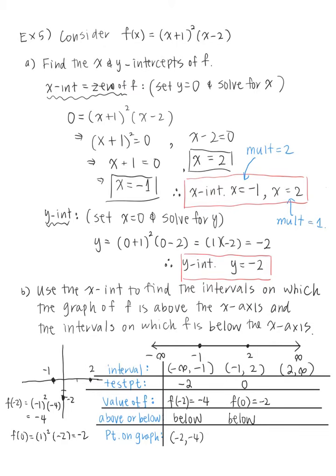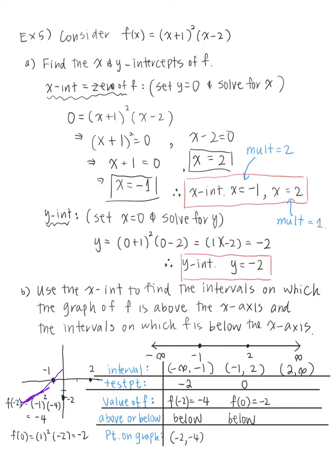All right, so what we just found out is this: our graph, whatever it is, from negative infinity to negative 1 is going to be below the x-axis. And then from negative 1 to 2, this graph also has to be below the x-axis. Sorry, this is really hard to see. I'll redo it on the next page. But it has to be negative, right?